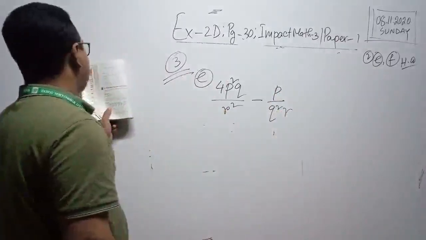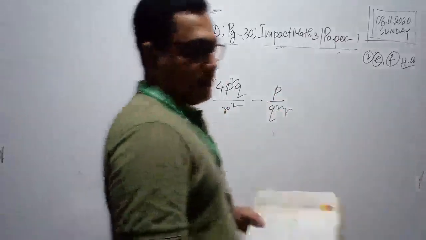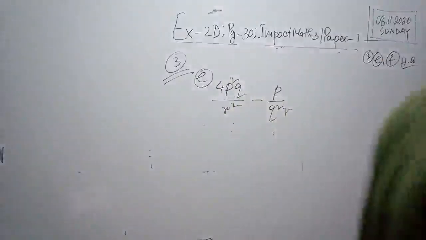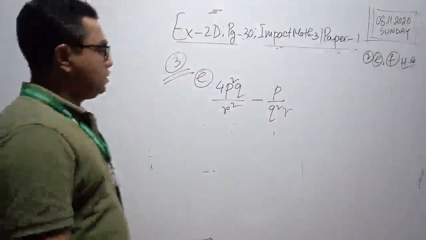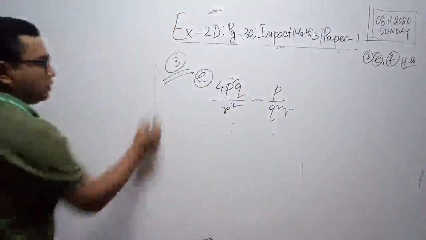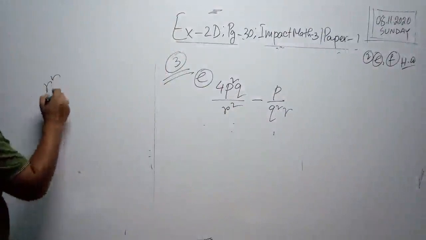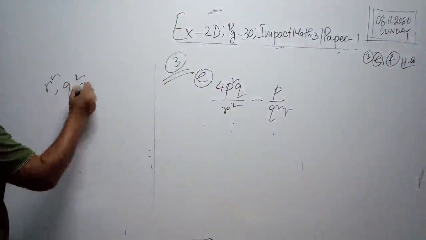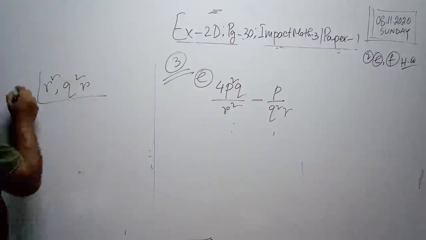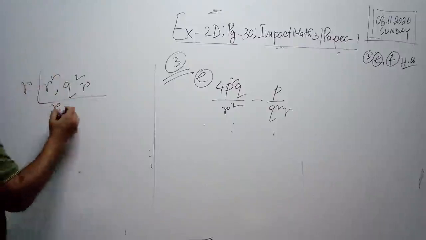For p square q divided by r square minus p divided by q square r. Here r square and q square r. Common is r. r square divided by r, we have r.